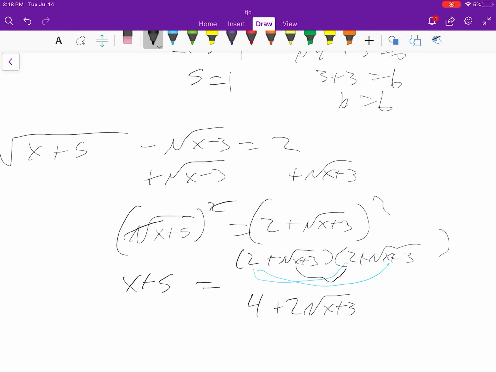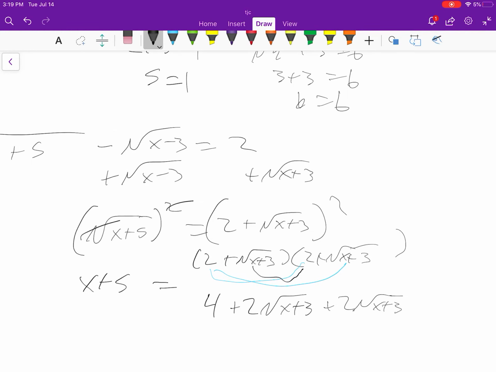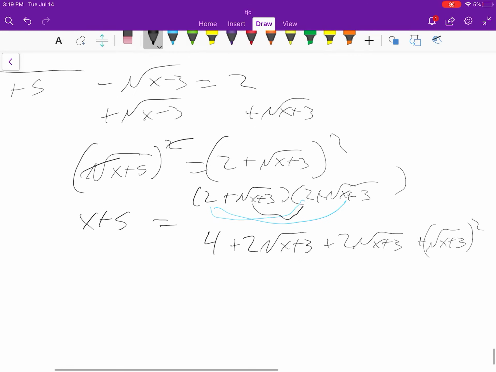And then you're going to go this times 2. That's going to give you another 2 square root of x plus 3. And then finally, you're going to multiply the square root of x plus 3 times square root of x plus 3, which is going to give you square root of x plus 3 squared. Okay? So that's FOILing that out.